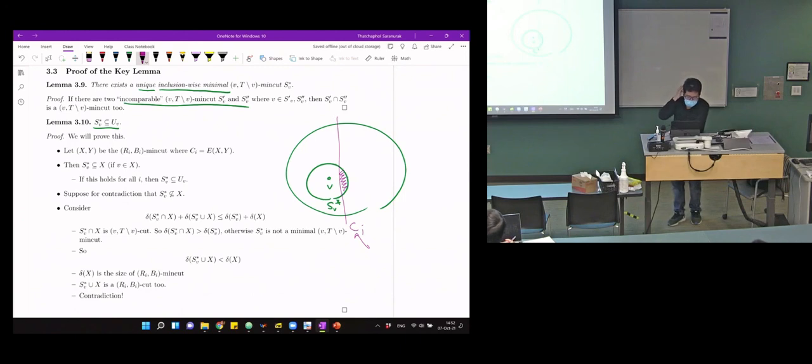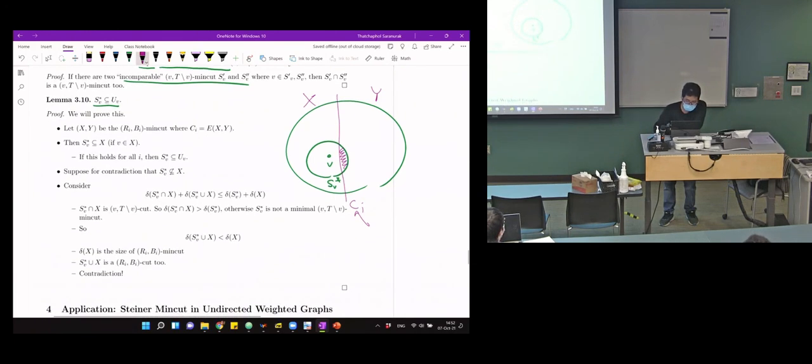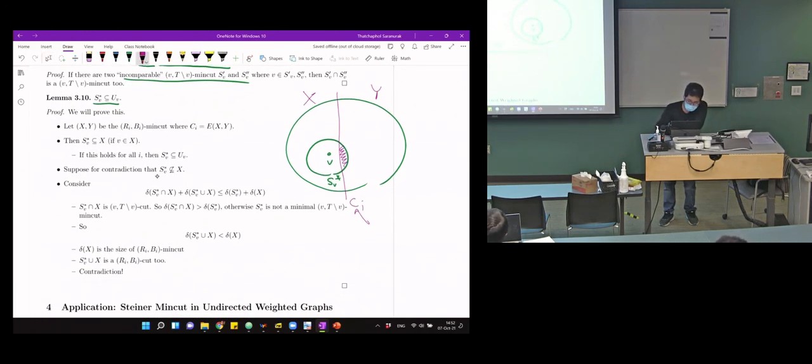Okay. So let's call this part X, this part Y. And then let's assume for contradiction that this thing exists. So it is not a subset, so this part exists, right?